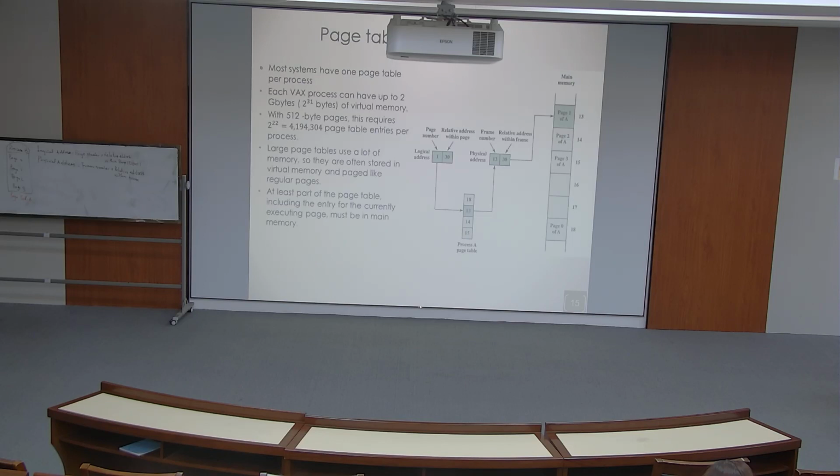Now, most systems have one page table per process. For example, we have the VAX, which has up to 2 gigabytes of virtual memory. We have a virtual memory size for the VAX system equal to 2 gigabytes.